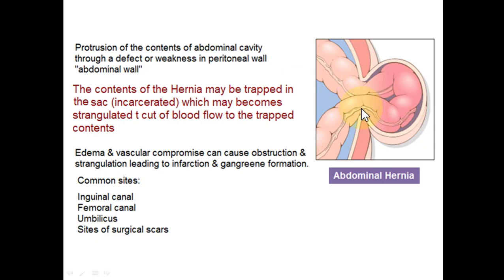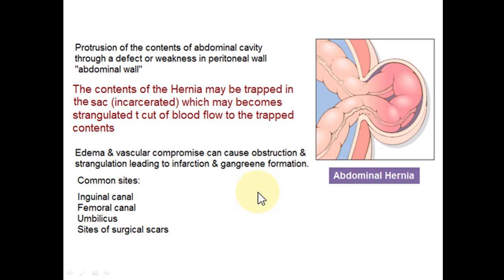Now, the complication of this incarcerated hernia is that it may become strangulated. And when it becomes strangulated, the vascular supply to the segment of the intestine in the hernia becomes compromised, and it can lead to edema and sometimes to ischemia, infarction, and in more severe cases it can lead to gangrene formation.